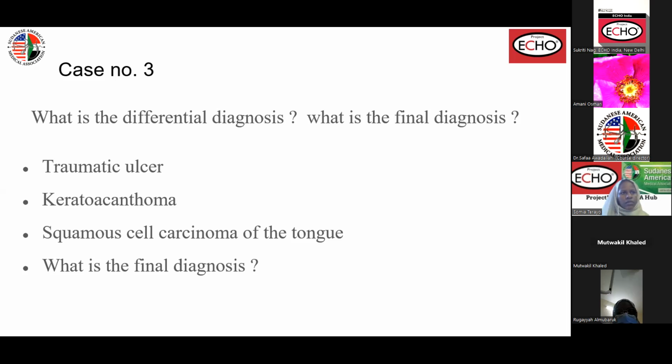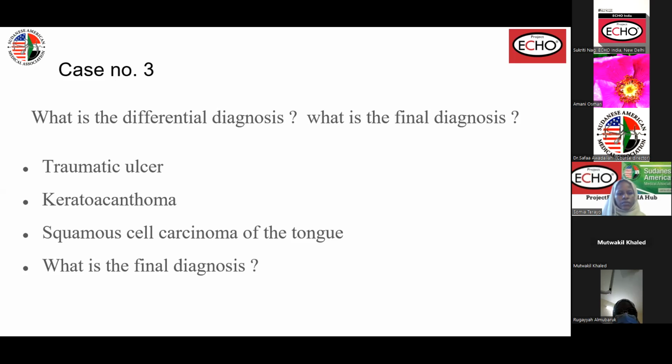So traumatic ulcer is the first differential diagnosis. Keratoacanthoma is another type of tumor that is expected here, because keratoacanthoma usually shows a very highly keratotic center. We see some keratinization here.